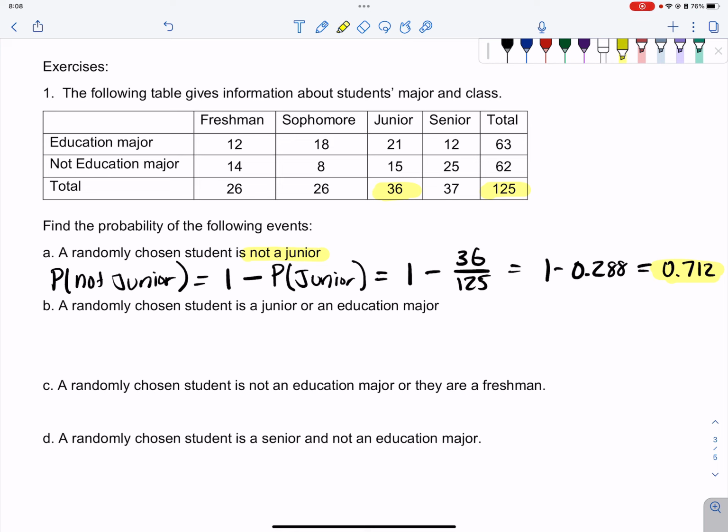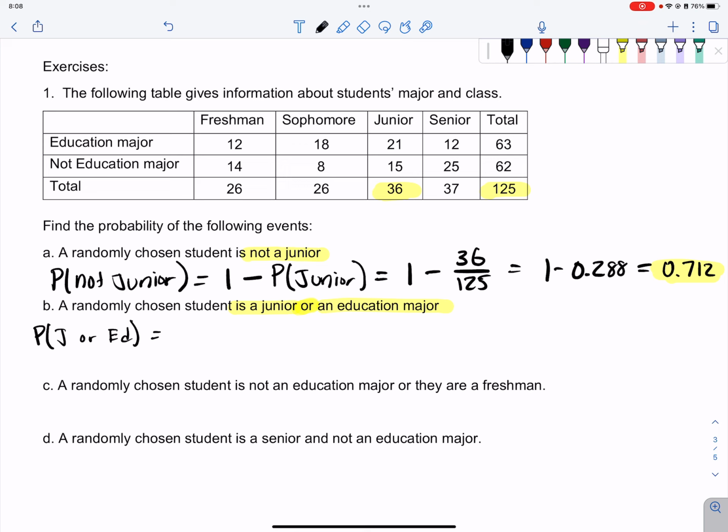The next one, we want to find the probability that a randomly chosen student is a junior or an education major. So we have an or statement here, junior or education.